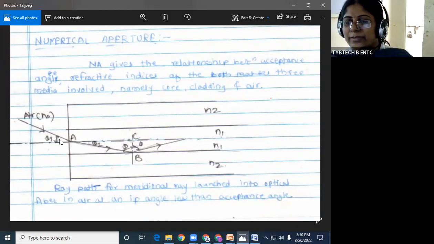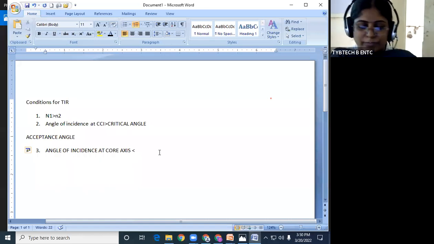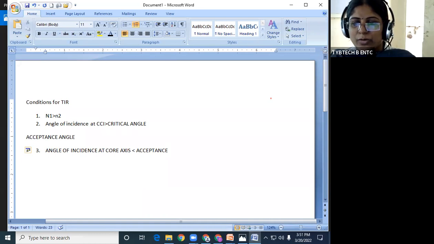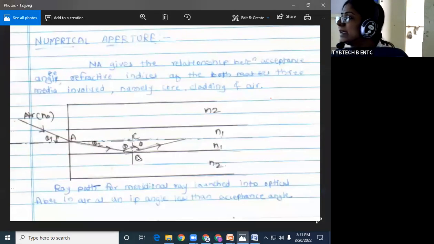Angle of incidence at core axis should be less than which angle? Acceptance. Don't get afraid. Please give the answers. Let it be wrong. Angle of incidence at core axis should be less than acceptance angle. Notation लक्षात ठेवा. Critical angle that is noted by the symbol as phi c, and acceptance angle is noted by symbol as theta a.